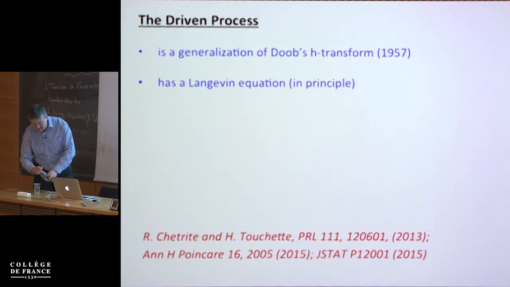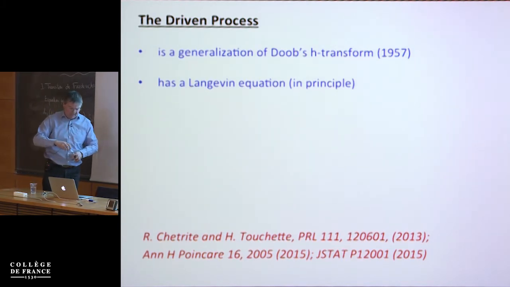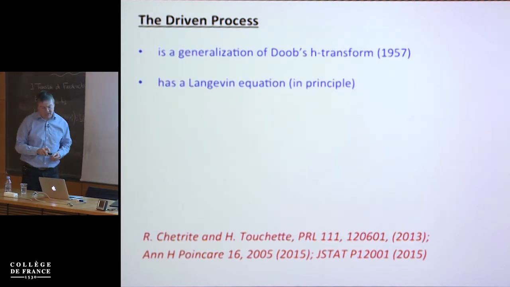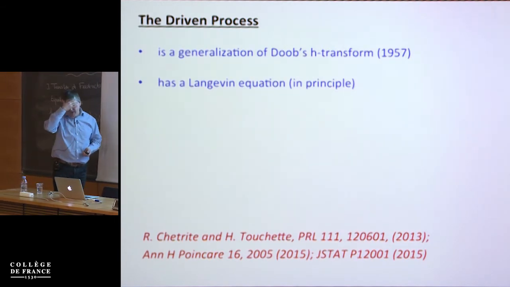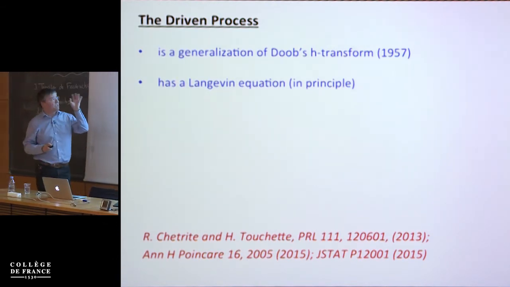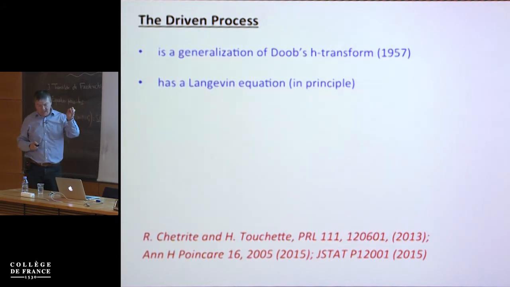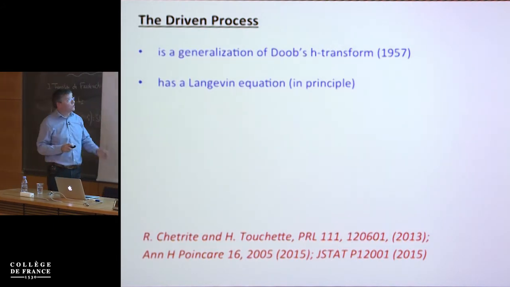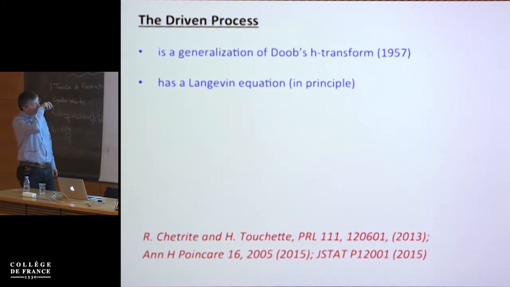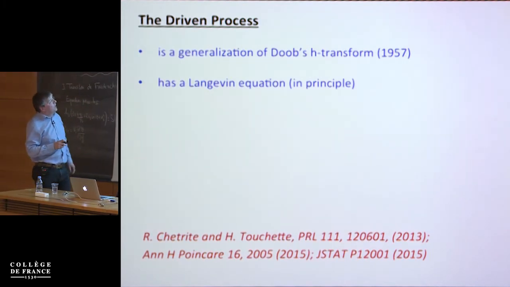Okay. So a few words about the driven process, then I will talk about examples and I will try to get away from this rather mathematical foundational stuff that I'm describing at the moment. So, okay, it has a long history, going back to Doob in 1957, who for a particular case of a single particle undergoing Brownian motion with absorbing boundary conditions, constructed effectively this type of biasing.